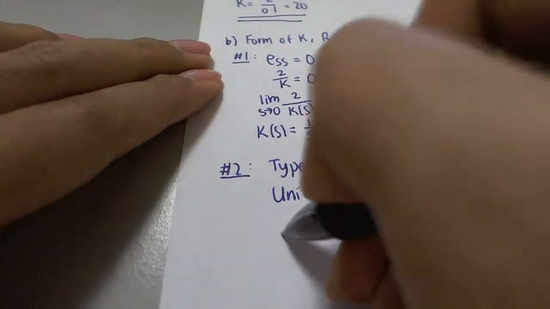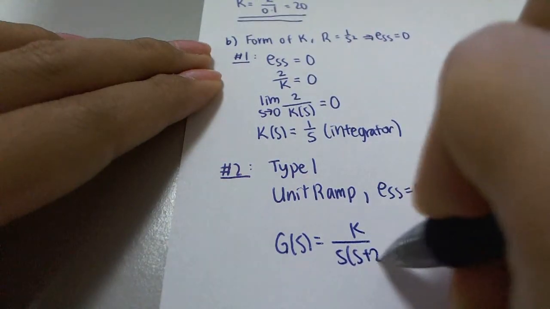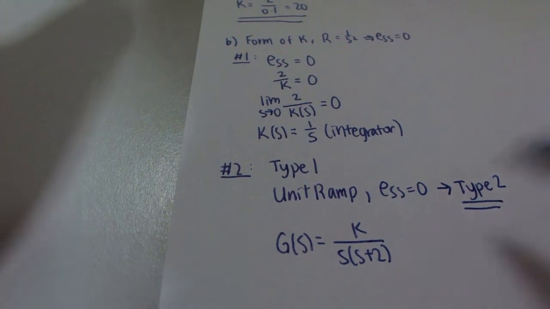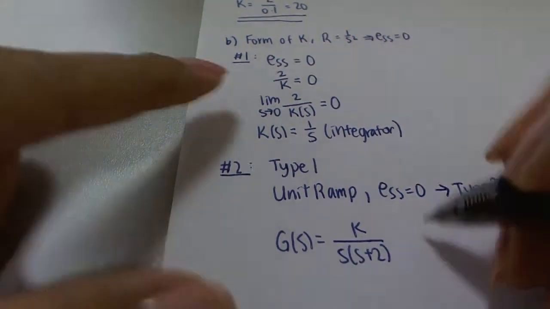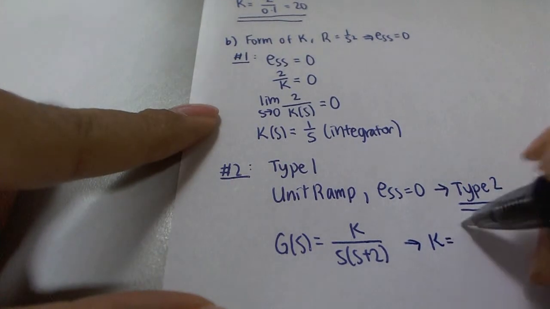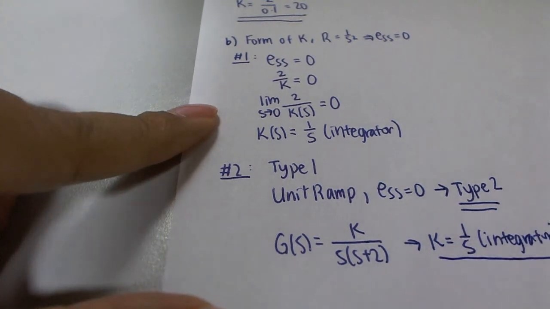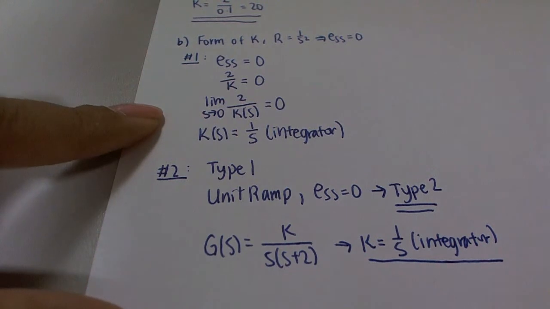So our system now is type 1, which is K over s multiplied by s plus 2. And in order for us to have a type 2 system, we need to have another integrator right here. So K has to be an integrator. So that is how we can make the steady state error for a unit ramp input equal to 0.